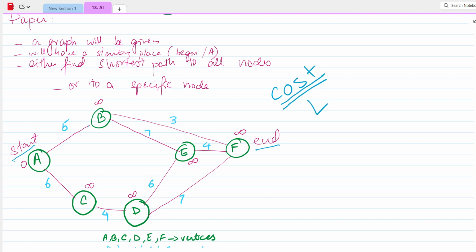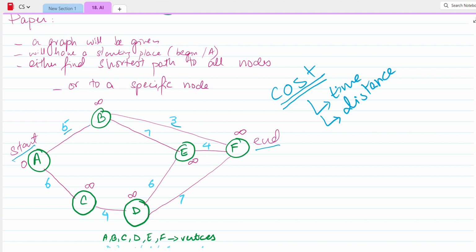This could be time, it could be distance, or technically any kind of relationship. It's basically the weight of the graph. These are the weighted graphs that are used, and in these shortest path algorithms these values are called the cost. The cost of traveling between two nodes, for example, from A to B is 5, from B to F is 3.